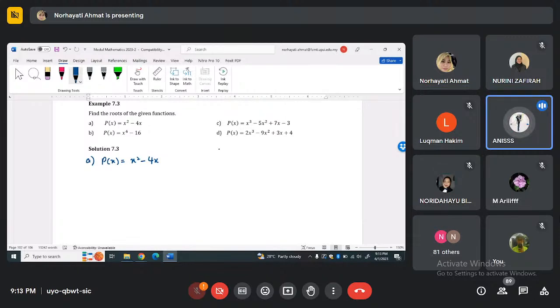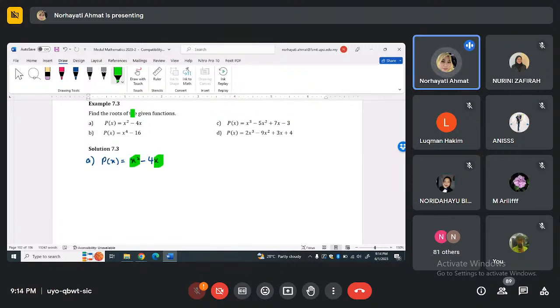x plus 2, x minus 2. How do you get the answer? Macam mana dapat x plus 2, x minus 2? First we look at these two terms. Both terms have x. Okay, kita ada x squared and x.